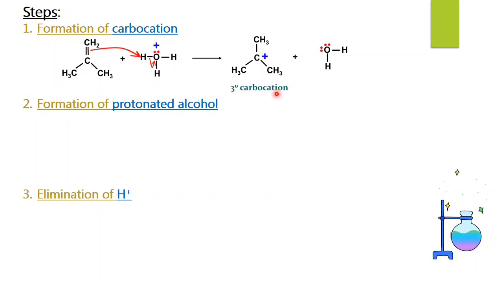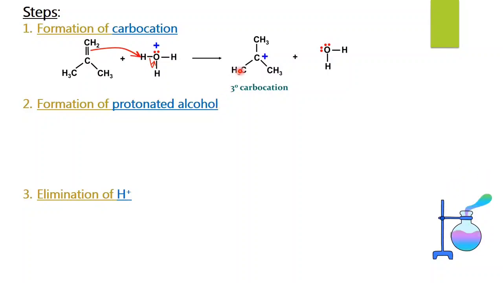So be careful guys. If we have the formation of a carbocation, rearrangement can also happen, either 1,2 hydride shift or 1,2 methanide shift. But in this case, it will not do any rearrangement because the carbocation formed is already stable.